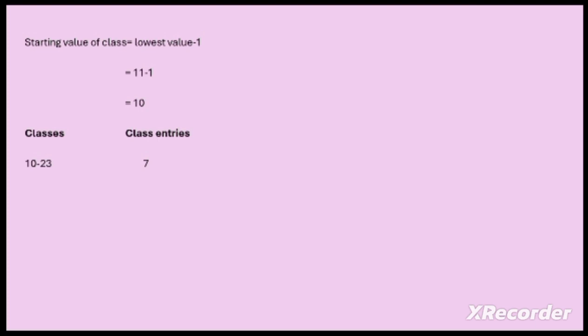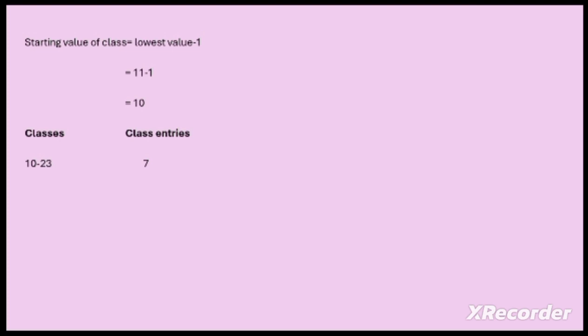Now, how many numbers are there between 10 and 23? 10 is the first value, 11 is the second, 12 the third, 13 the fourth, 14 the fifth, 15 the sixth, 16 the seventh, 17 the eighth, 18 the ninth, 19 the 10th, 20 the 11th, 21 the 12th, 22 the 13th, and the 14th value is 23.